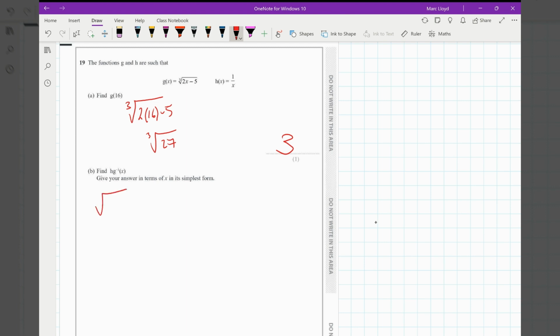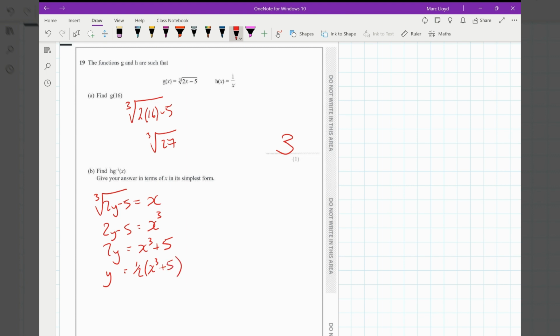So the cube root of 2y take away 5 is equal to x, and then we're going to get it to y equals in order to have it in that inverse form. 2y equals x cubed, y equals, sorry, I forgot my plus 5 there, a half x cubed plus 5.